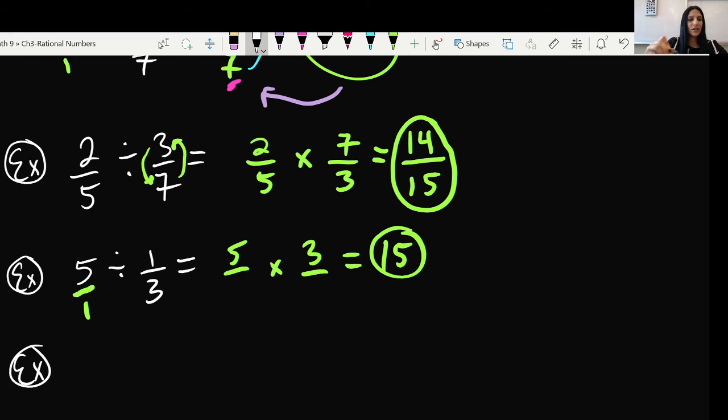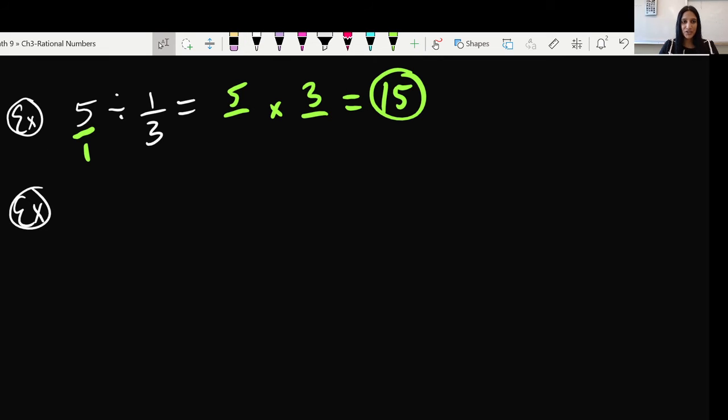So now let's take a look at a similar type of question. It's still division, but it's set up differently. So we have 2 divided by our fraction, which is 3 over 5. I don't really need to have brackets there. I'm trying to do a whole number like 2 divided by 3 over 5.